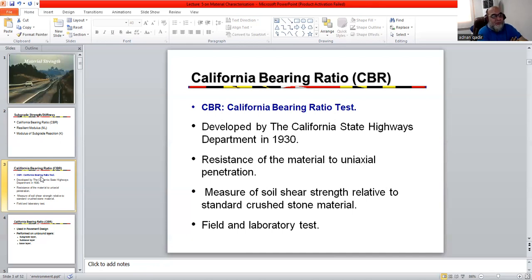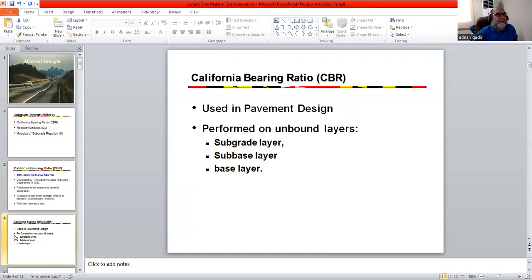It measures the strength of the soil relative to the standard crushed stone material. This test can be done in the laboratory as well as in the field. It is not limited to the subgrade layer, but the test procedures can be applied for getting the suitability of a subbase layer as well as a base layer.